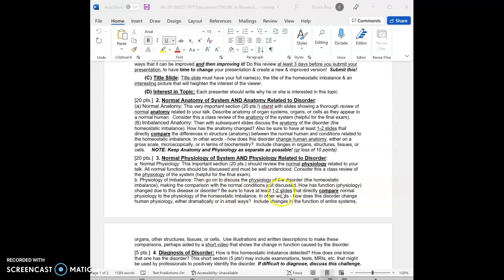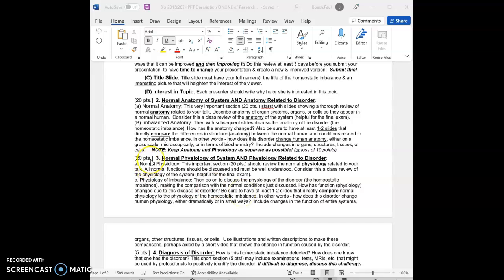A lot of times people do 2 or 3, where you're really directly comparing normal physiology to the physiology of homeostatic imbalance. So these sections, normal anatomy, anatomy of disorder, normal physiology, physiology of disorder, this is the heart of your presentation.